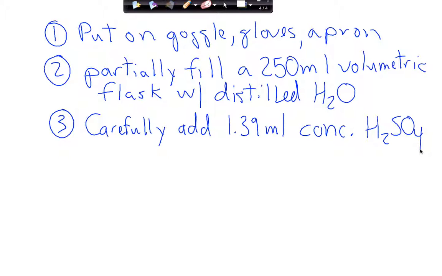I don't think they'd mark it wrong if you didn't, but step 4, no, sorry, not that. Step 4, swirl to mix. Do not put a stirring rod in there.